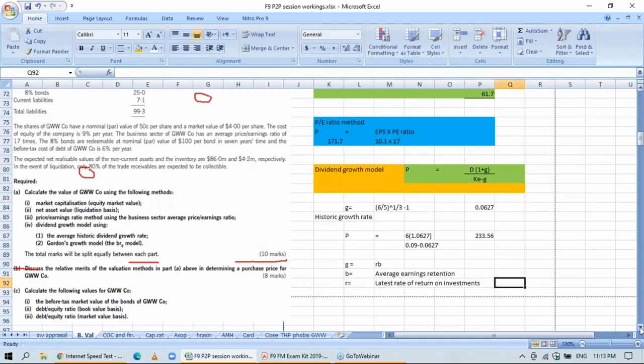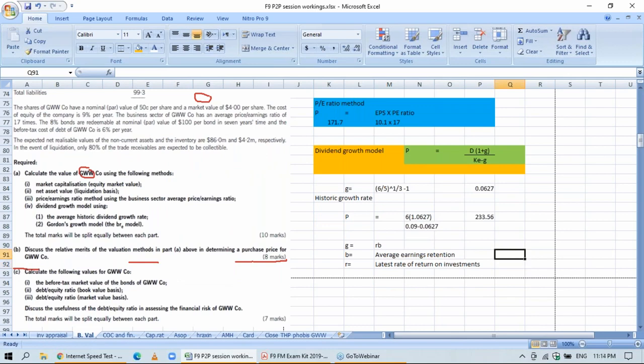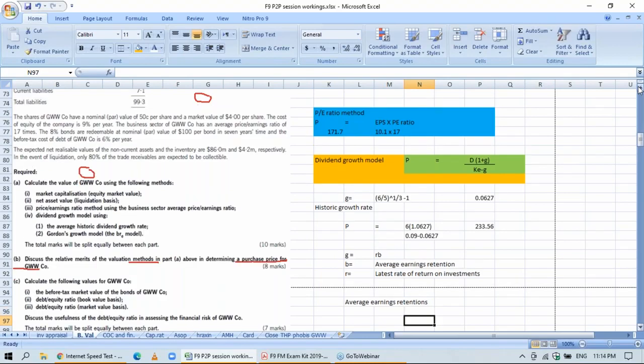So now, according to the question, what is the average earnings retention? So we have to first calculate the average earnings retention from history. By retention, we mean the profit left behind after payment of dividend.